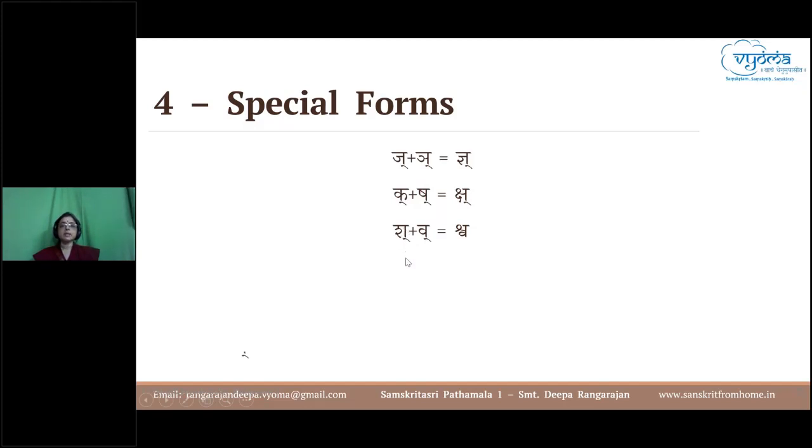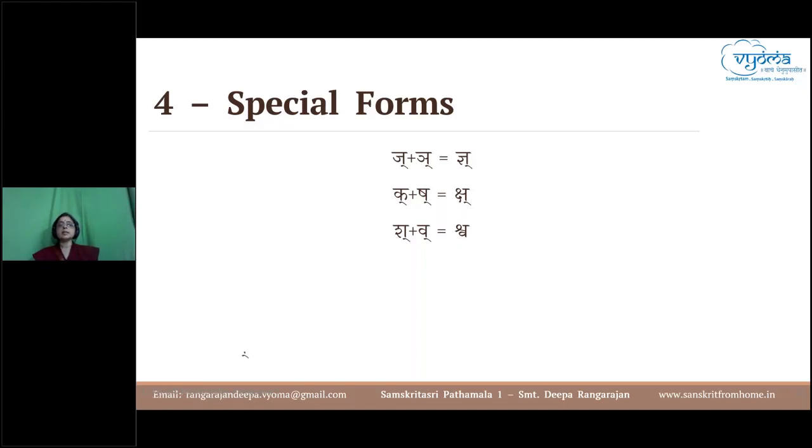We would have suppressed it and written it as sh plus v, just this symbol without the line, and v. But alternatively, that form is also right, but this is another form. You must be familiar with this as well, so that when you see it in a book, you will be able to identify it as sh and v.